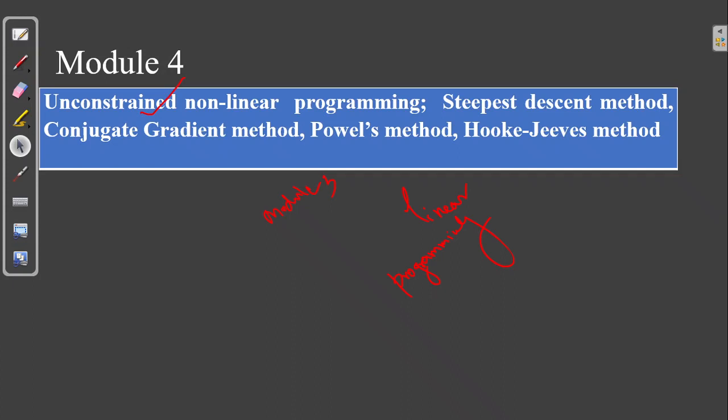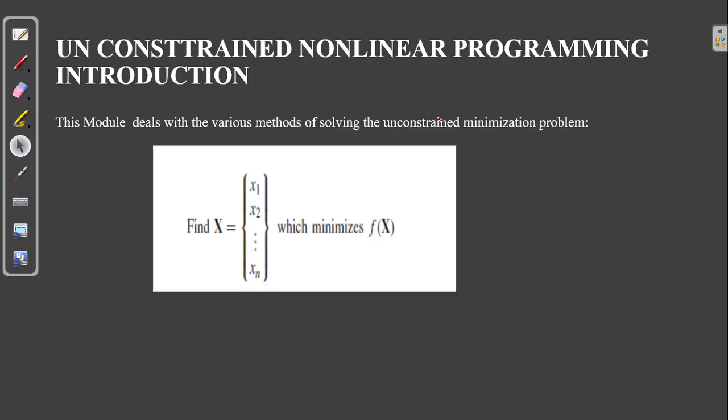Constraining functions will not be there. And in that also we have a lot of methods. The first method is the steepest descent method, then the conjugate gradient method, then Powell's method, and the Hooke-Jeeves method. We will discuss these methods one by one.